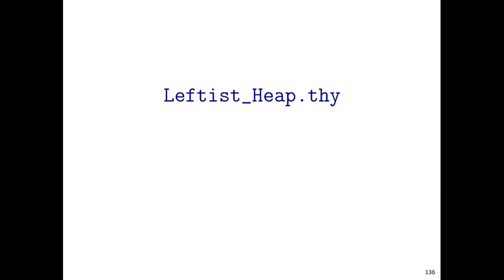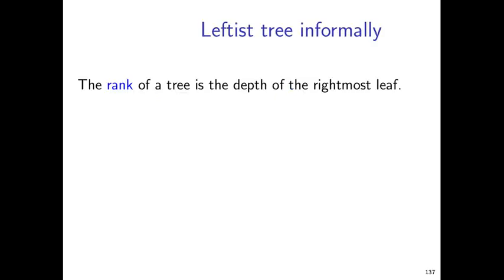Okay. So for leftist heaps, it's somewhere in the material. It should be under leftist heaps. Okay, and what is the idea? So we define the rank of a tree to be the depth of the rightmost leaf.